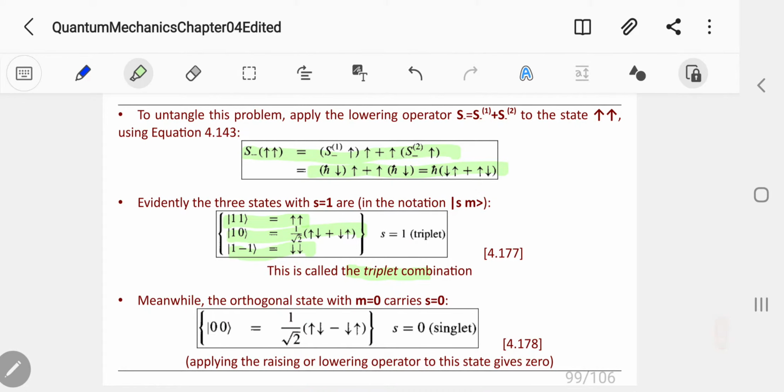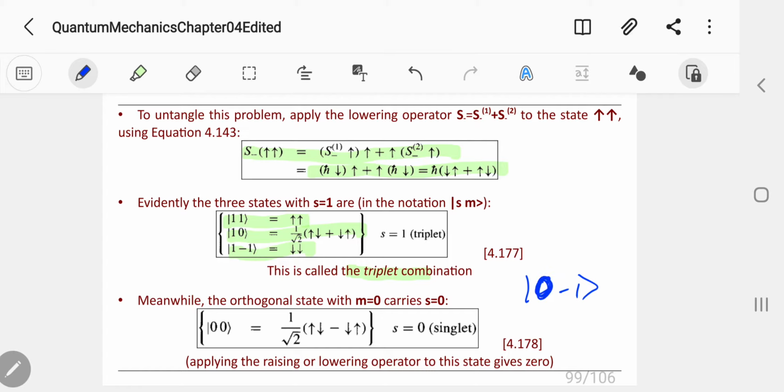So when your spin is equal to 0, it has only 1 m. It only has 1 m, and that m is also just equal to 0. You can't have 0, -1, because this should be the largest.